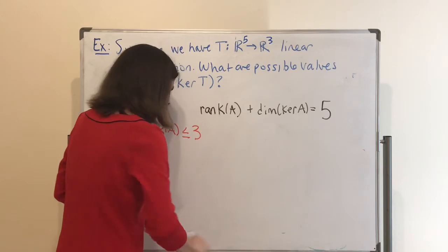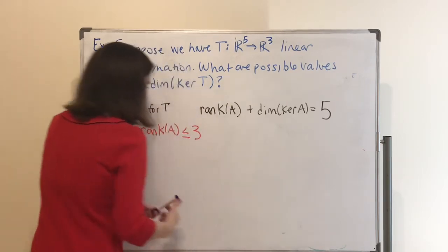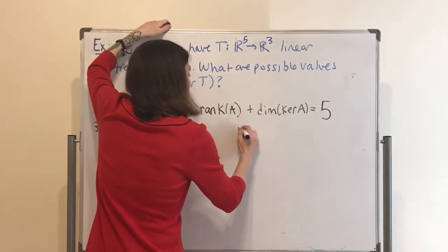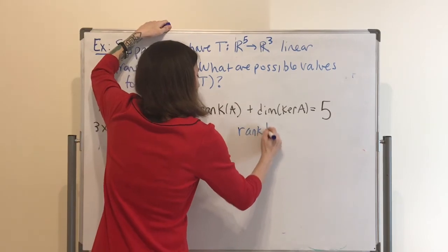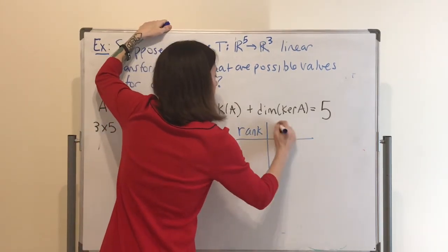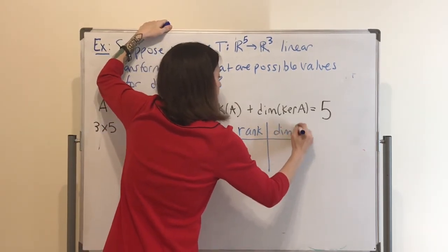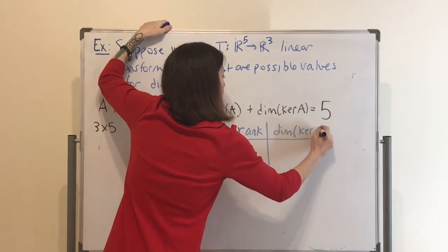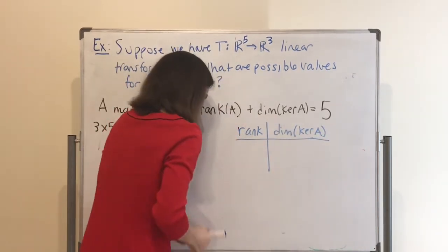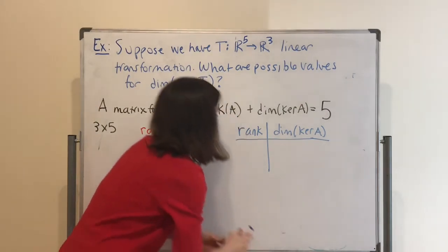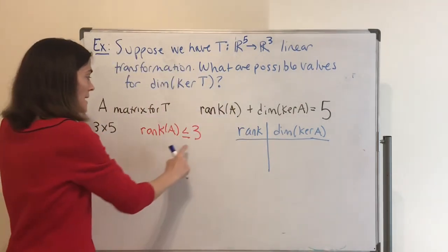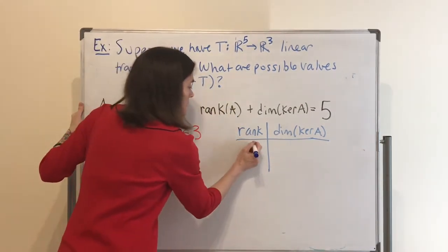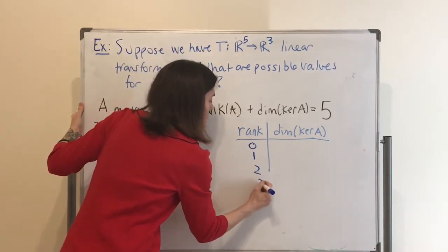So now let's write down the possibilities that we get. We could make a little chart even. Okay, this will be fun. Well, if we have a given rank, what would the corresponding dimension of the kernel be? So the rank must be less than or equal to 3, means it could be 0, 1, 2, or 3.